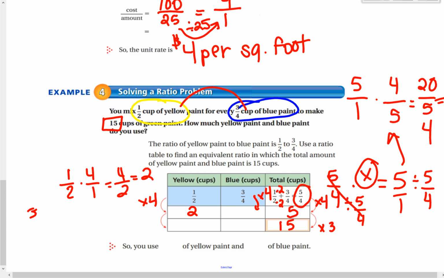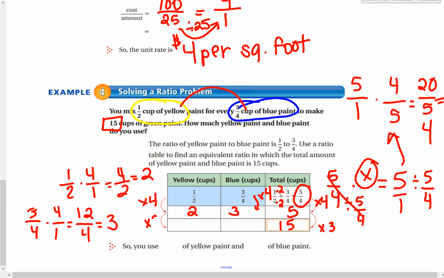So 3/4 times 4 over 1 gives us 12 over 4, which reduces to 3. Last but not least, we wanted to get this 5 to be a 15, because that's what the question asked for. So we can multiply 5 times 3 to get 15.